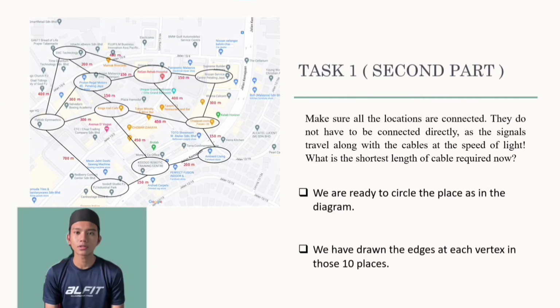Next, after completing the circles for the 10 places, we put an edge from each place to each place, and each place will be connected by the edges. Next, on each of those edges we have stated the distance from one place to another. You can take a look at the diagram I provide on this slide.